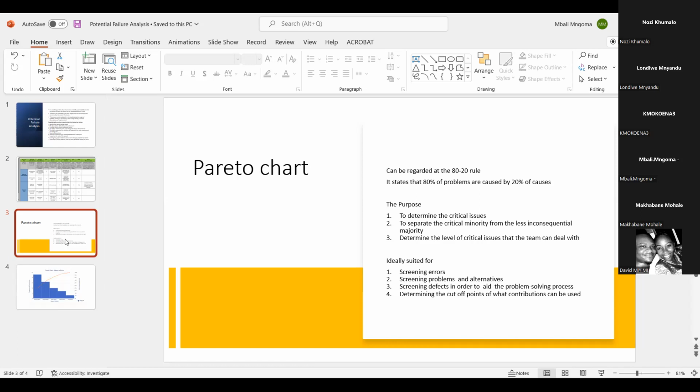Remember, 80% of problems are caused by the 20%, right? So if you have, let's say, 100% of the problems, you would then look at the 20%, which normally are the critical minorities that cause 80% of the issues. You determine the level of critical issues that the team can deal with. So it's ideally suited for screening errors, screening problems and alternatives, screening defects in order to aid the problem-solving process.